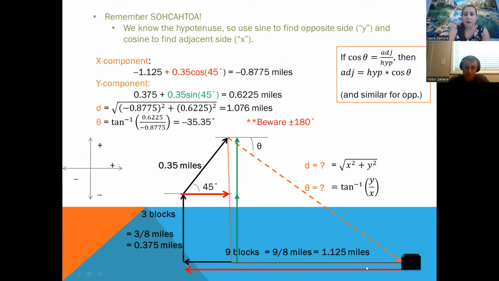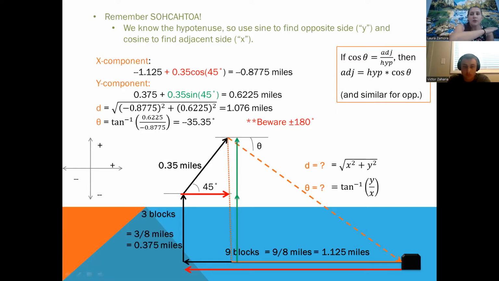Since this first distance that he walked is in the X direction, or horizontal direction, we're going to consider that one in our X component equation, right? And the entirety of that vector, that distance, was in that direction. So we have that negative 1.125 miles.